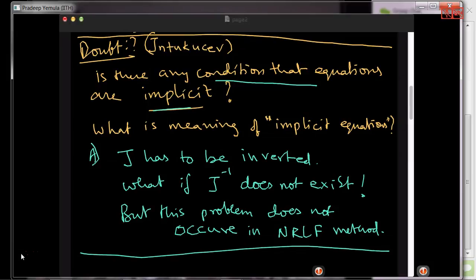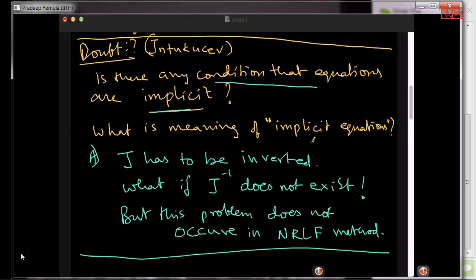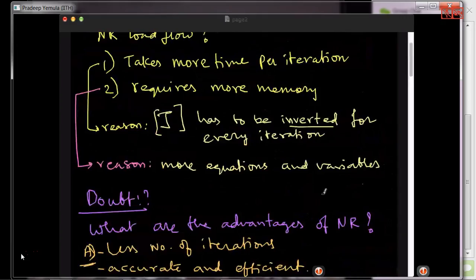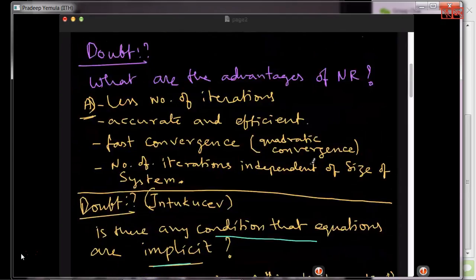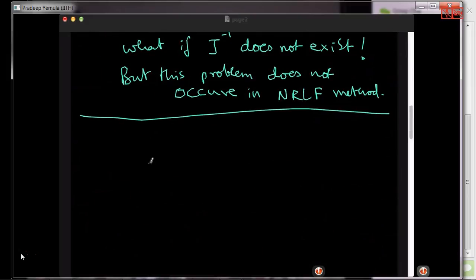Okay, so let's continue. Let's look at the disadvantages. One of the disadvantages we listed is that it takes more time per iteration because J has to be inverted every iteration. So can something be done? That something is nothing but your FDLF, fast decoupled load flow.